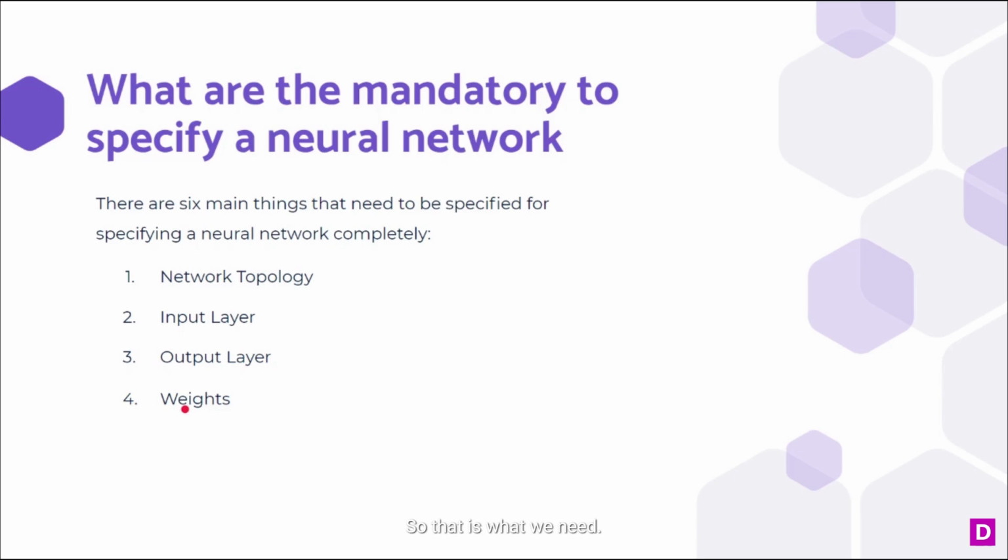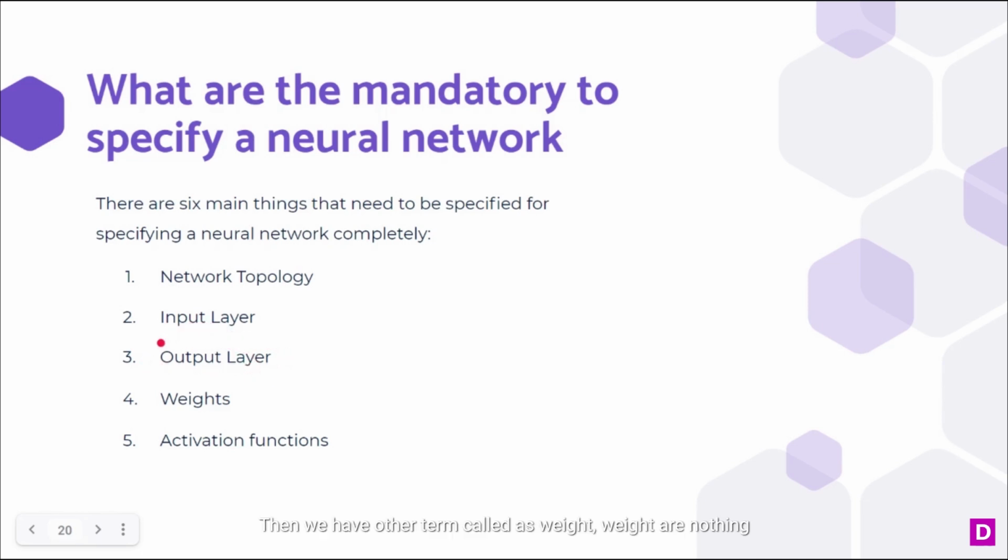That is what we need when we start building a neural network. Then comes another important layer, the output layer. It is also essential, and as I mentioned, it is included under network topology as well.